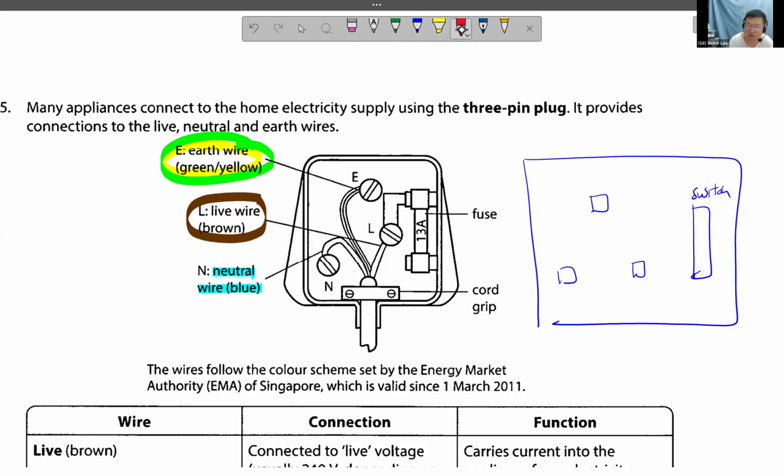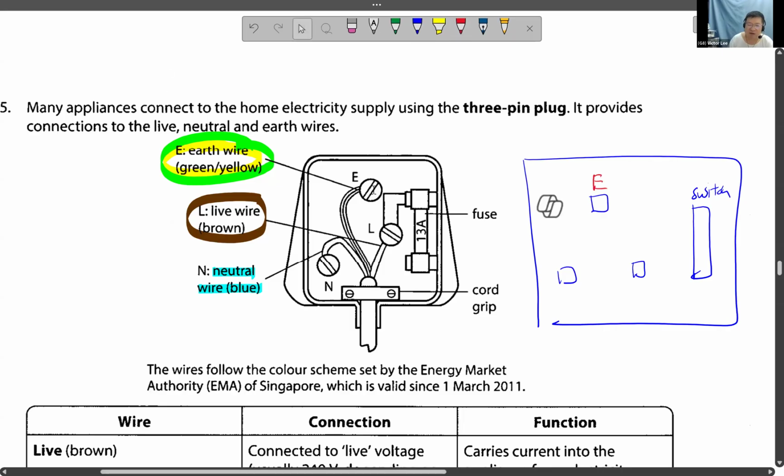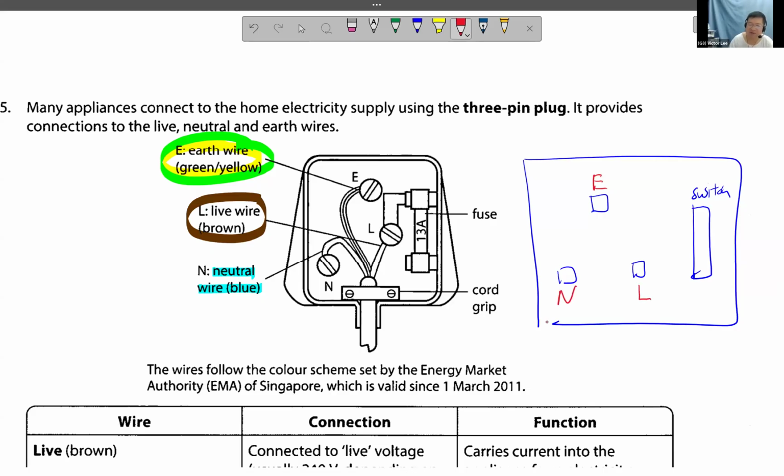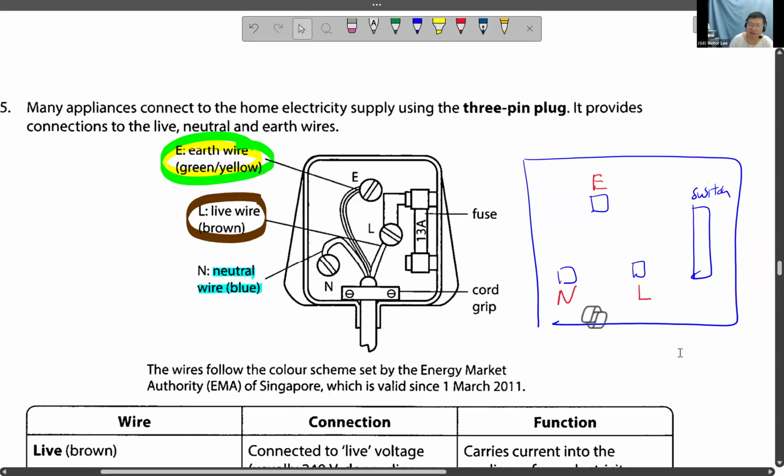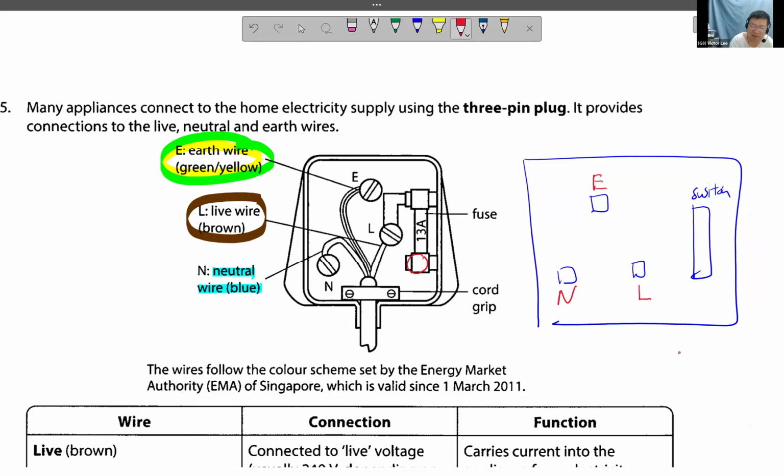The position of the first hole represents earth. So the earth wire from the equipment goes to this pin and you plug inside here. And then neutral is here, N is here, and live is here. Okay, live is this pin. This is the live pin. Okay, and this is neutral.